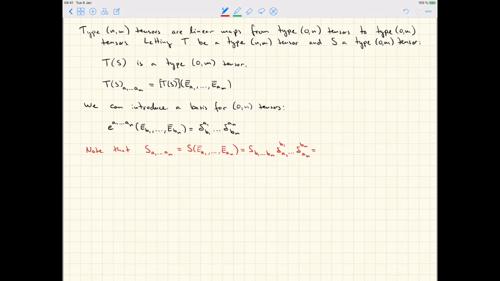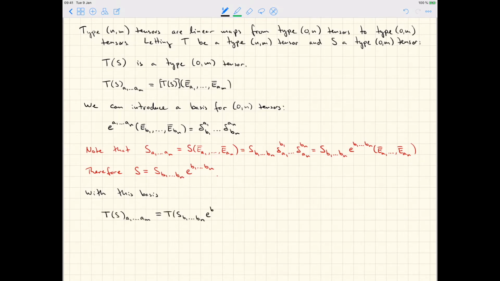But with the definition of the basis, this is equal to S_b1 through bn multiplied by the basis tensors, acting on the same set of basis vectors. This means that the tensor S must be written as the component S_b1 through bn multiplied by the basis E^b1 through bn. With this basis at hand, we can take the components of T of S and expand the argument S in terms of this basis.